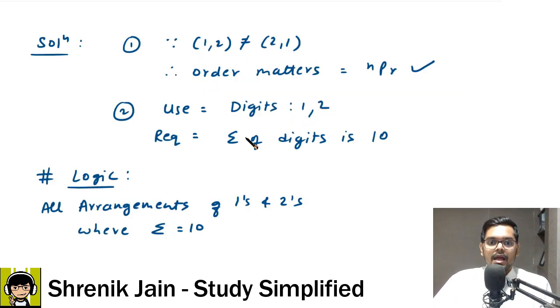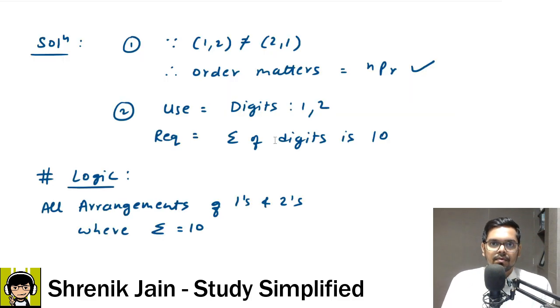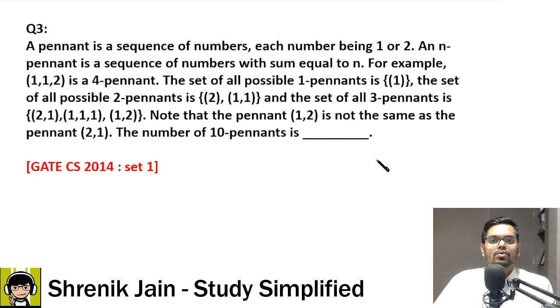And the requirement is the number of 10 pennants, which means ordered pairs such that the sum of the digits in that ordered pair is 10. So how many such ordered pairs can you generate? This is the requirement. You have to find the number of ordered pairs such that in each ordered pair the sum of the digits is 10.